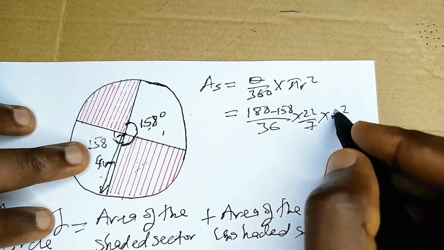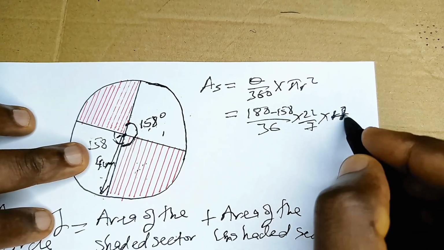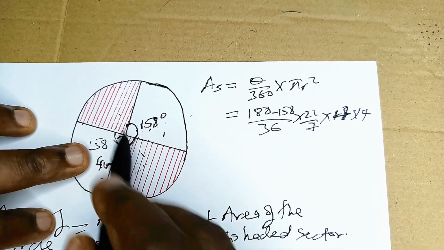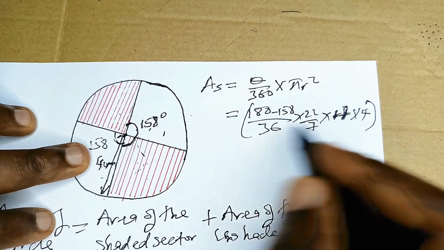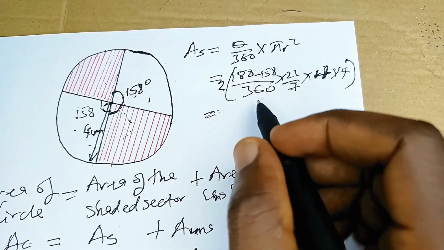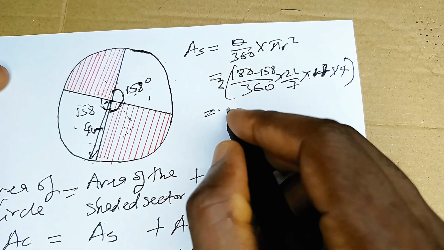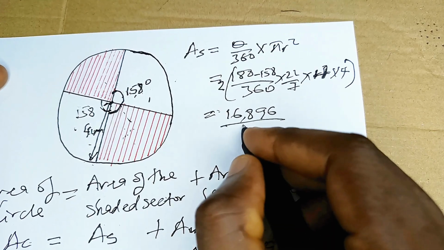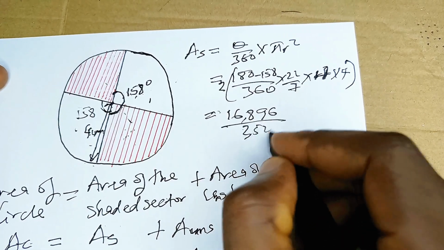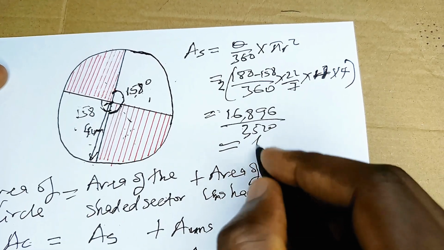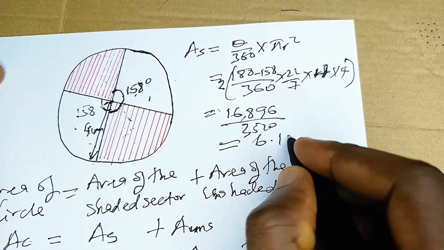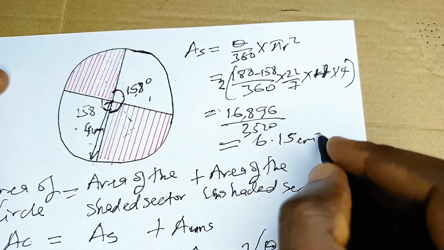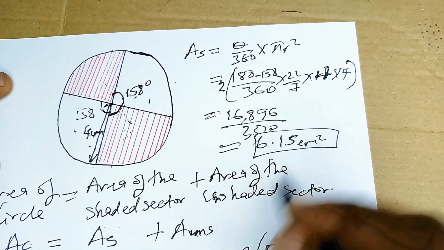Our r is also 4, so times 4 times 4. This is in two portions, so we have to multiply everything by 2. So it gives us 16896 divided by 2520. So at the end of the day, we have 6.15 also. So this is the second way, and we have the same answer.